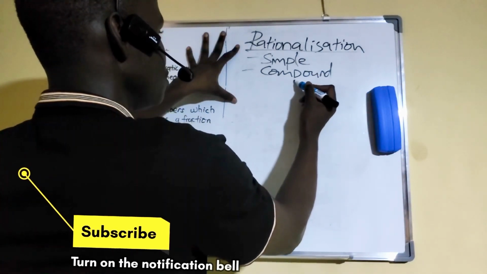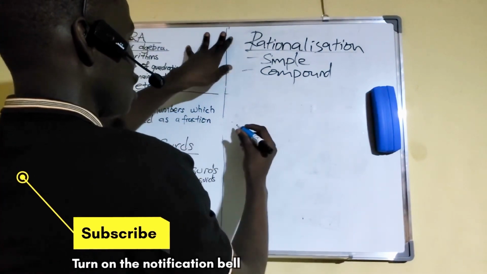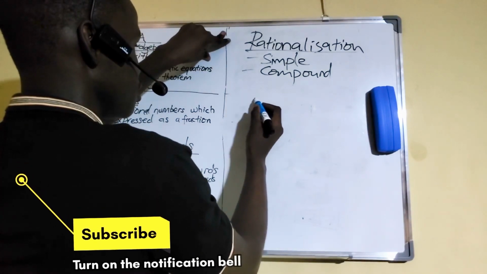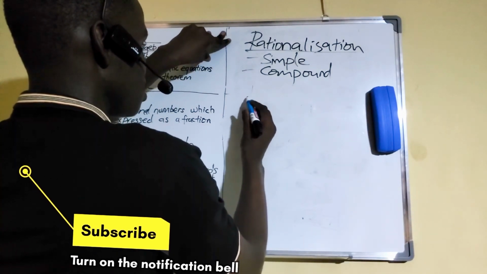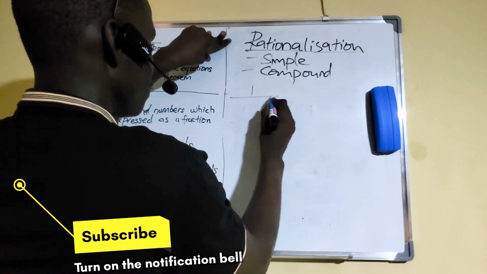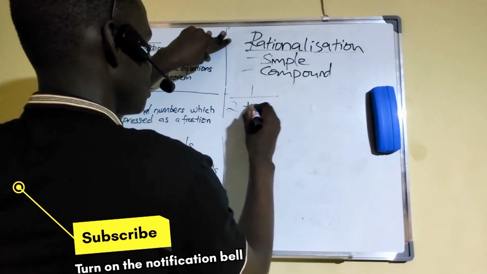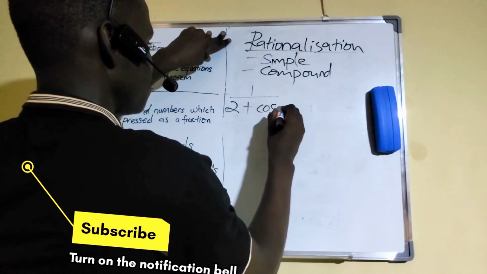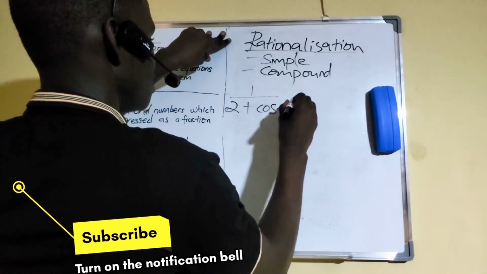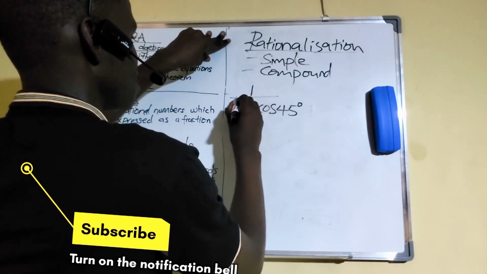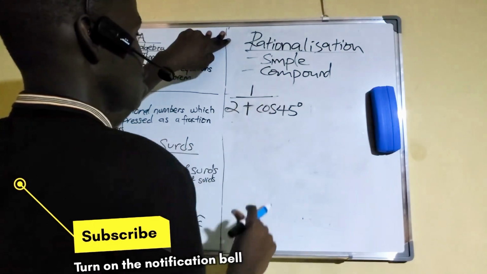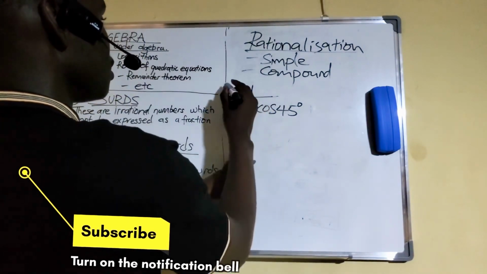Still under compound, I can have a number given to us like maybe 1 over 2 plus cos, this is 2 cos 45 degrees, and you're told to simplify.